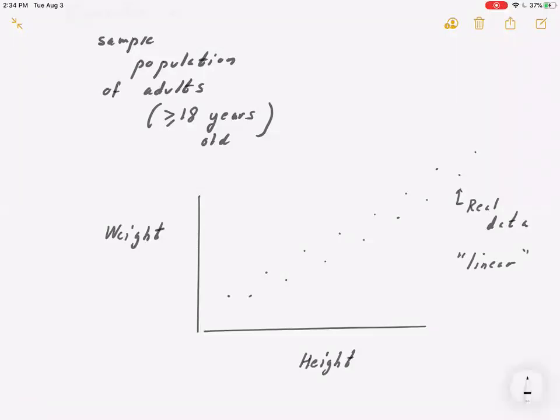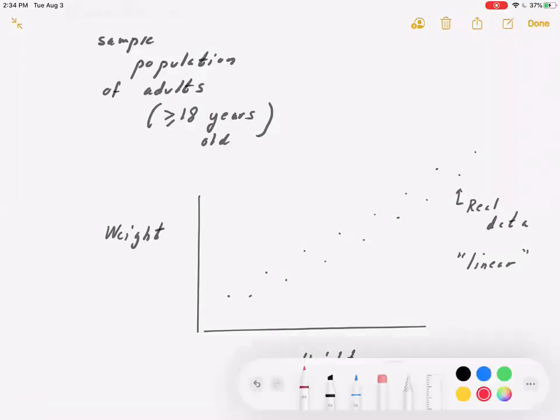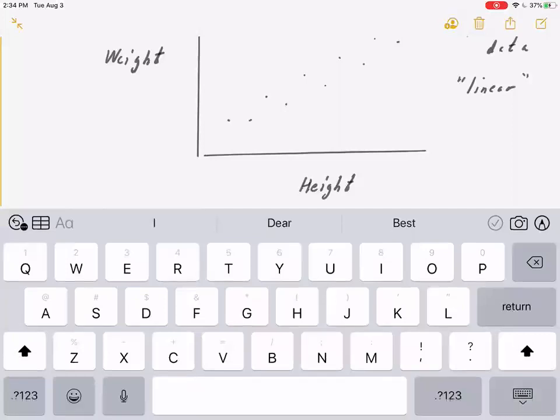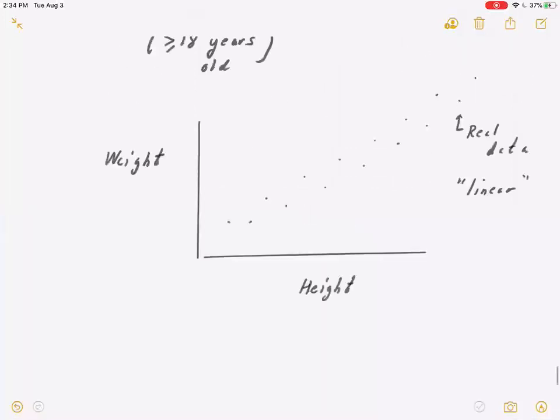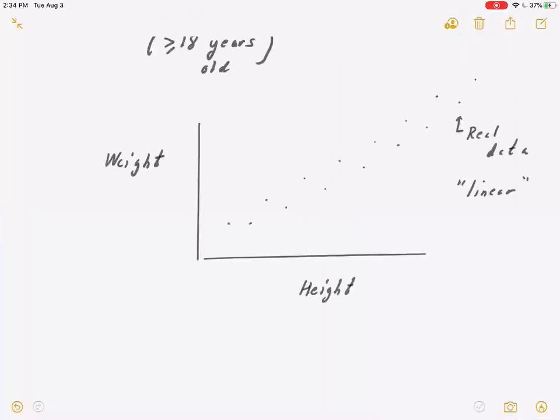So what I would like to do to best describe this data is come up with a line that best fits our data. Now the line is not going to be perfect.